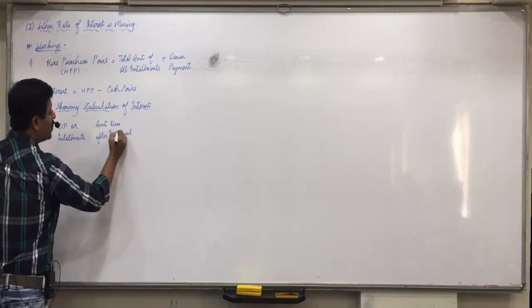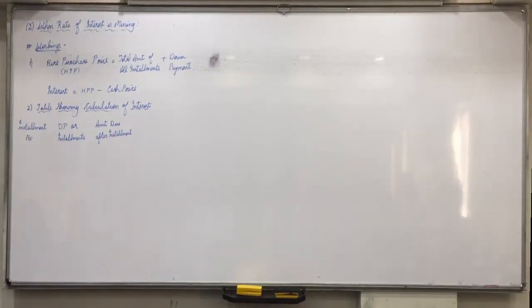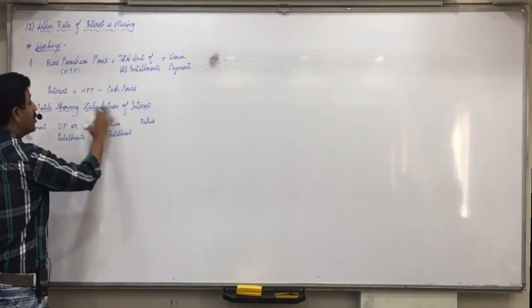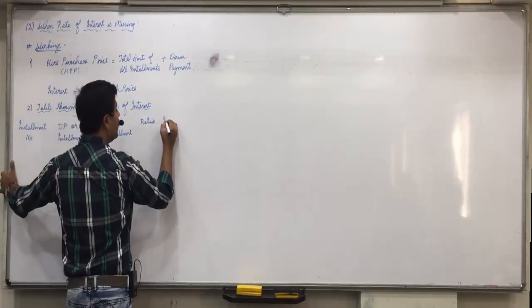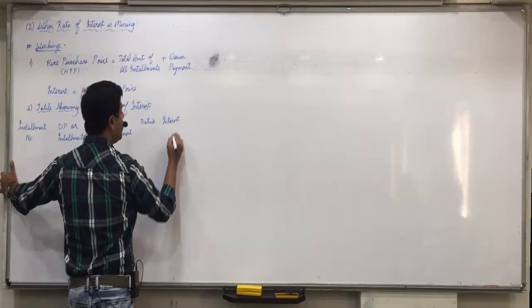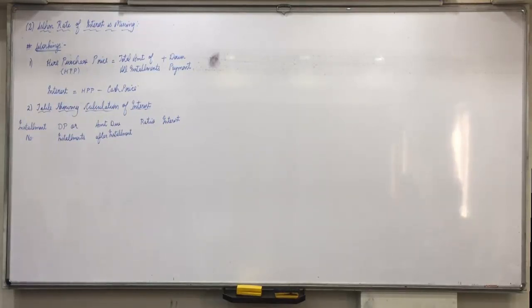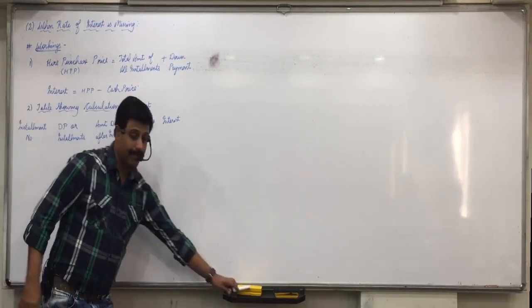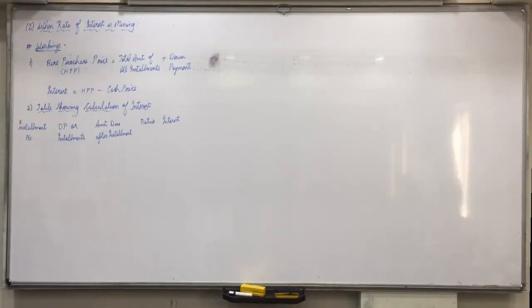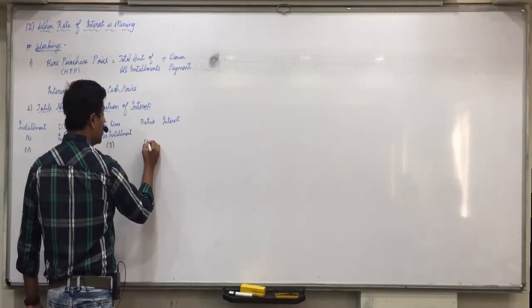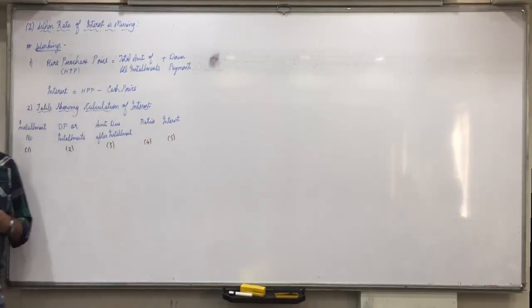Then we will have the column of ratio of that amount due. And then the total interest we get will be distributed in that ratio. So the last column will be of interest. Now, how to obtain these columns? First column is installment number, second column is down payment and installments, third is amount due after installment, fourth is ratio and fifth is interest.